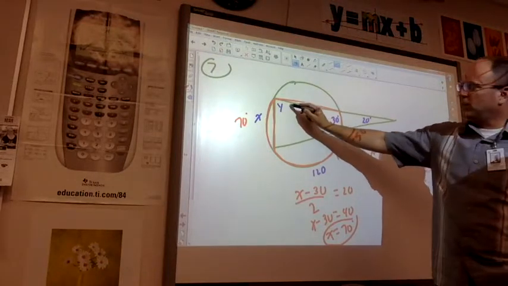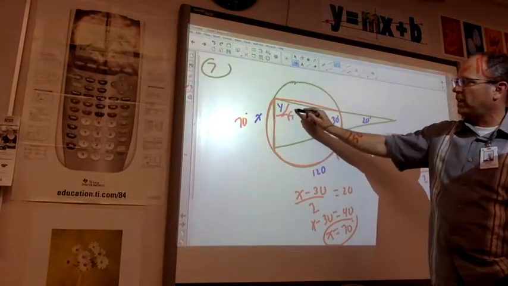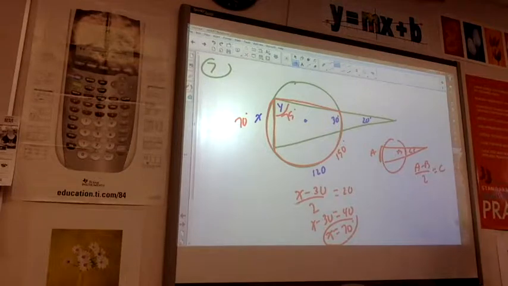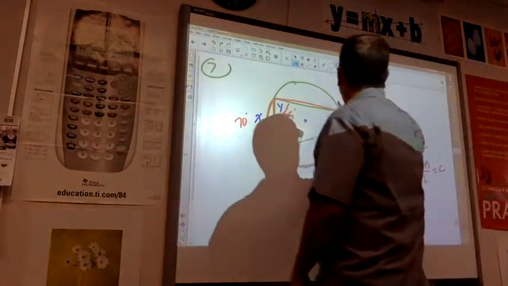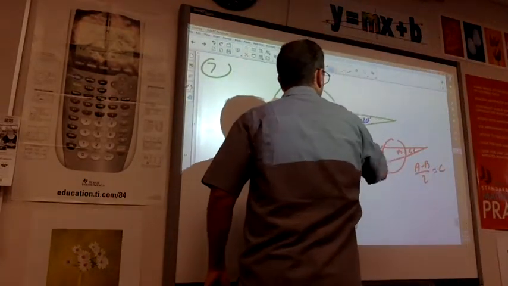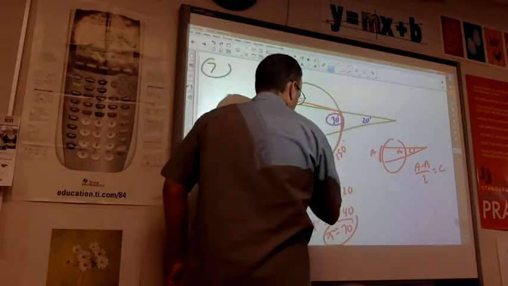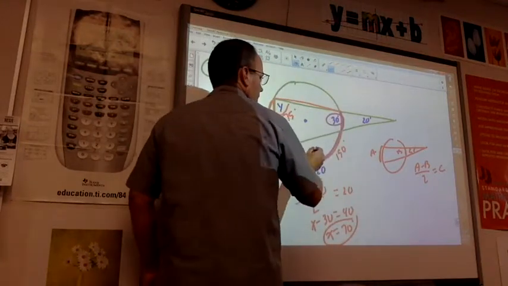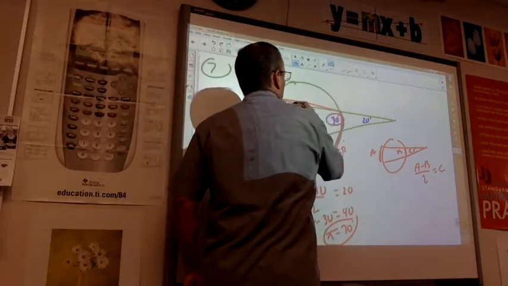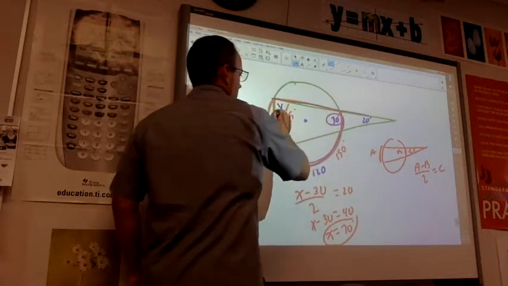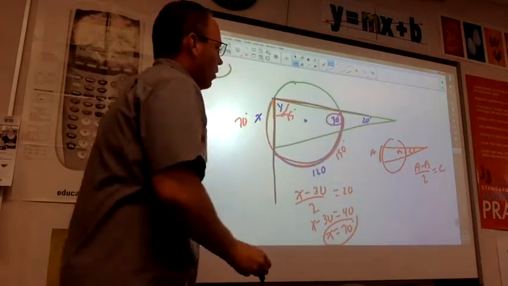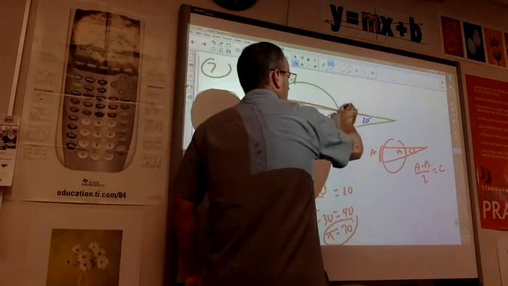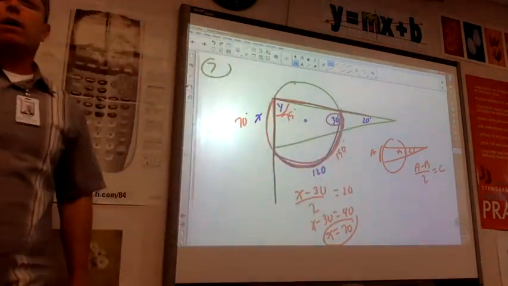So this has to be then 75 because it's always half of that. Wait, how'd you get the 150? Okay, so look what we know right here. We know this is 30. We know this is 120. So this angle there opens up to the whole thing here. So it has to be 150, so it's half of that.